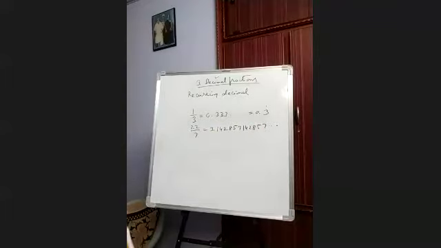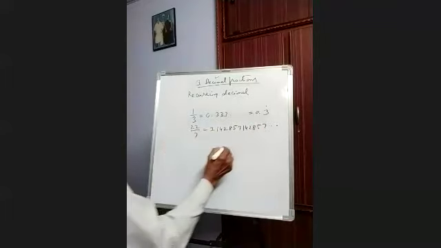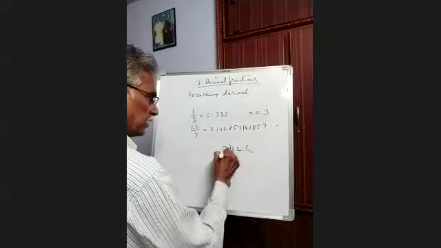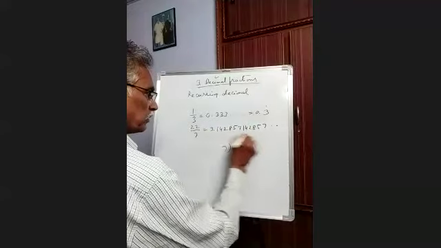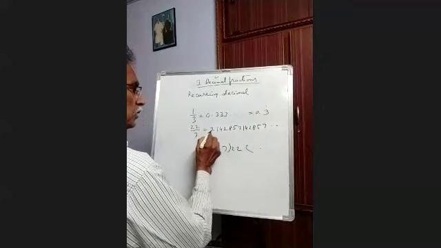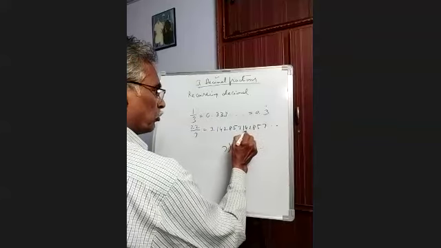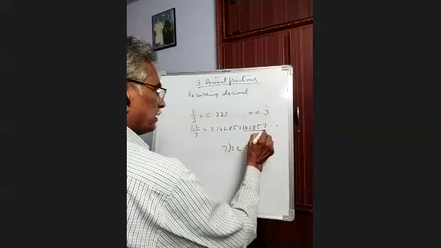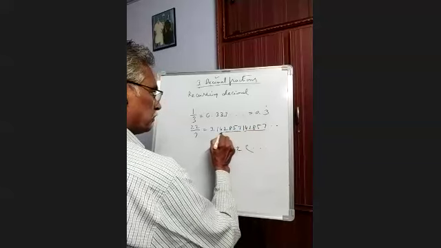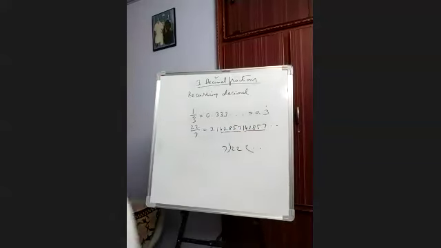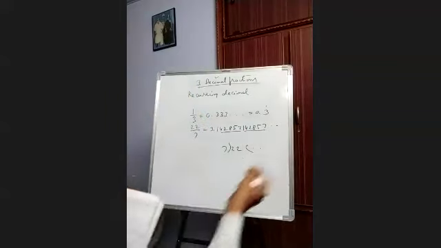If you divide 22 by 7, you will get this. 3.142857, the 142857 will be repeated. 6 numbers will be repeated. After those numbers, again the same numbers will come.